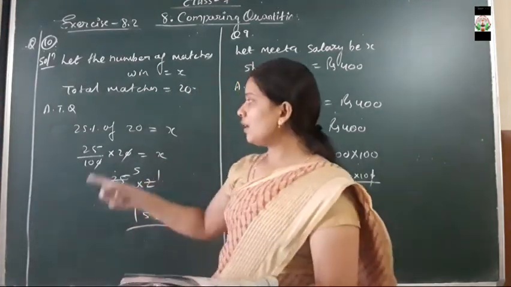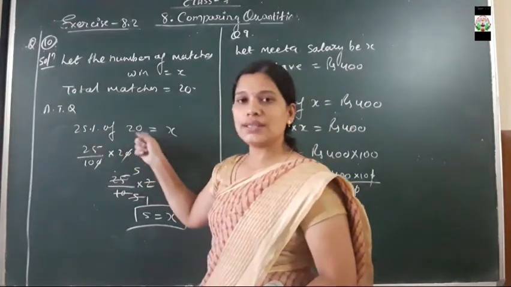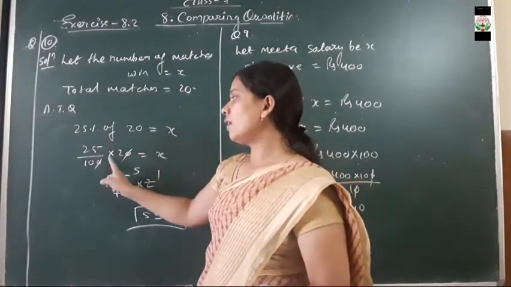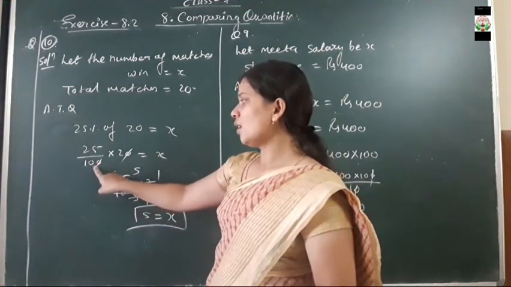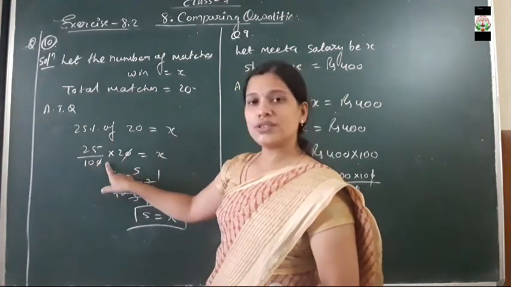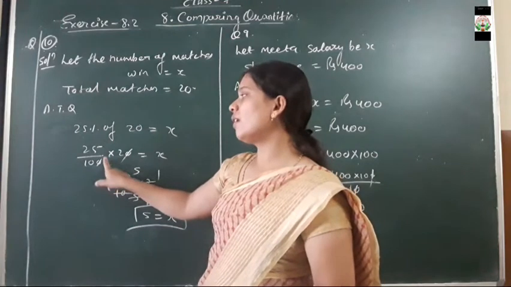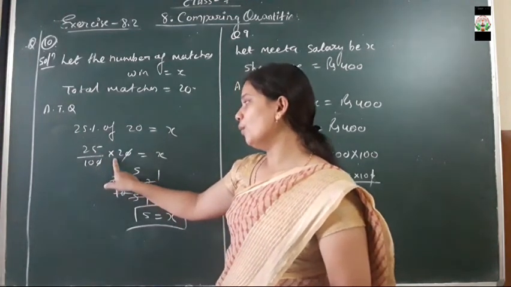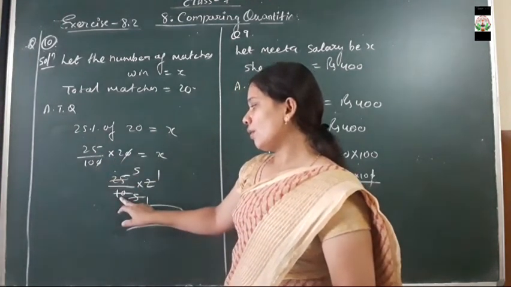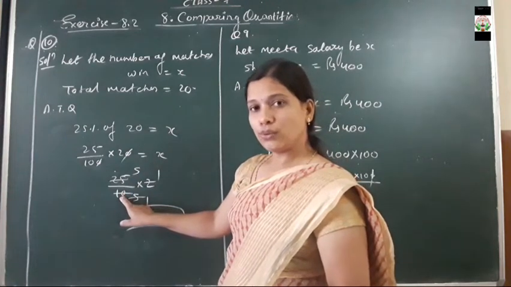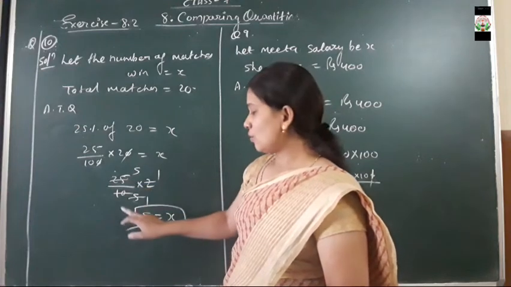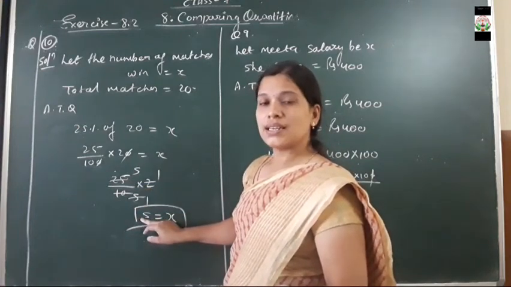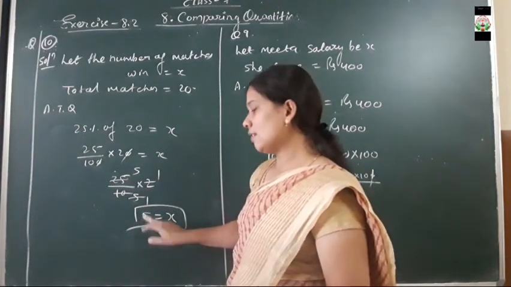So 25% of 20 is equal to x. 25 upon 100 into 20 is equal to x. The zeros of the numerator and denominator get cancelled. 25 upon 10 into 2. So 2 1s are 2, 2 5s are 10. So the total number of matches won by that team is 5 matches.